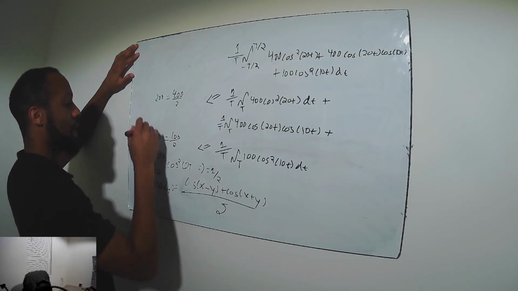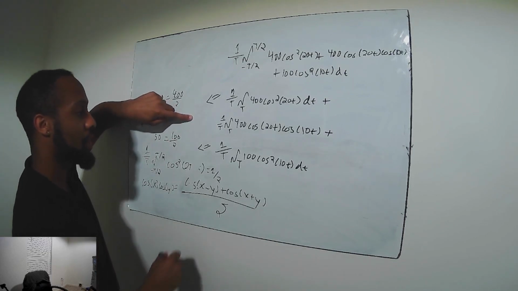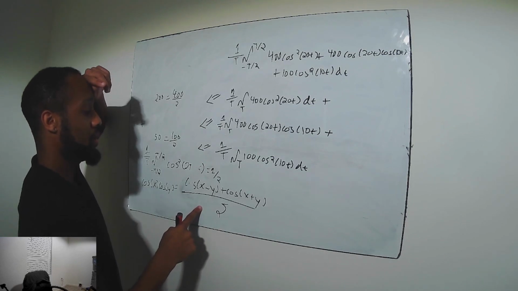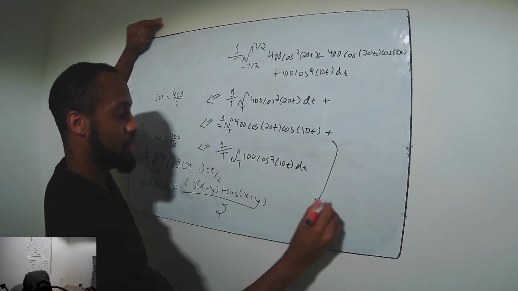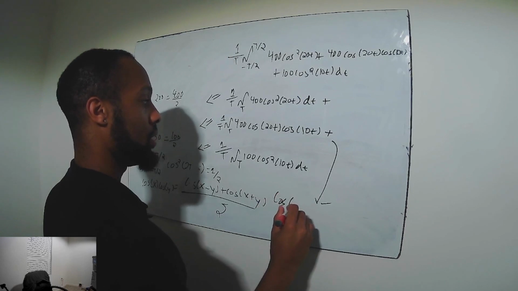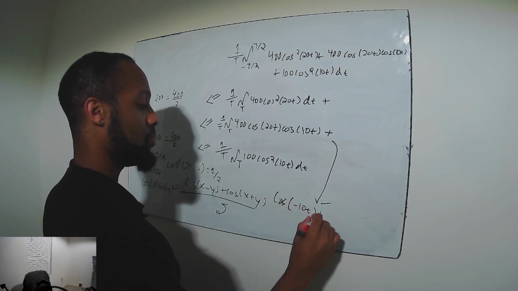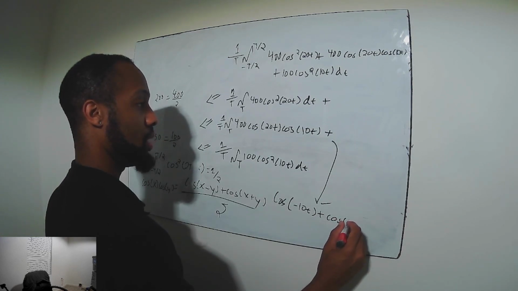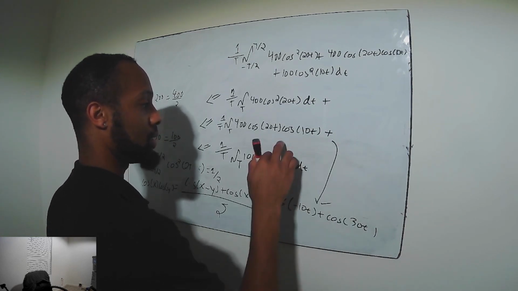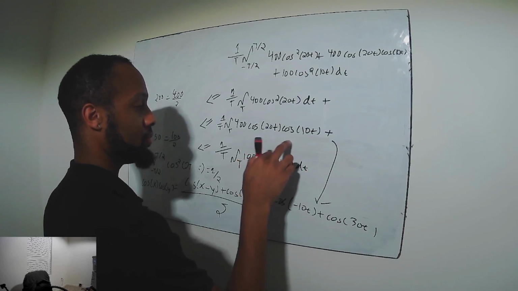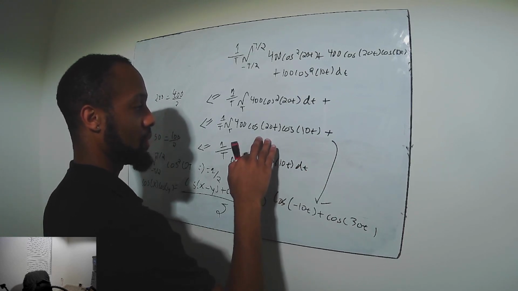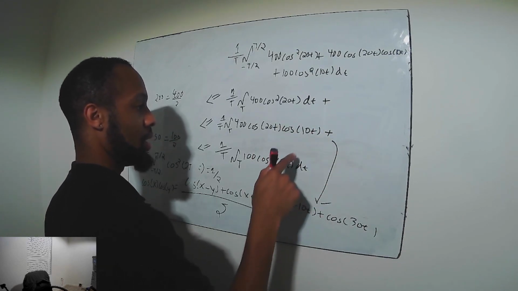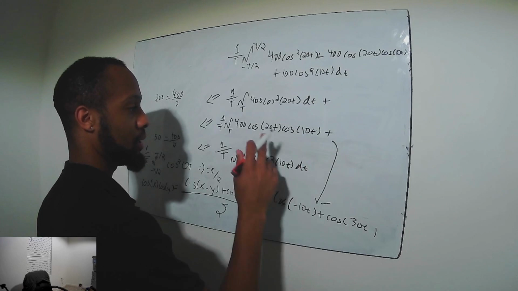Over here, what we're going to get is cosine of minus 10t plus cosine of 30t, right? So we're adding 20t plus 10t, 30t. It's like 3x plus 2x, 5x. And then we get this.